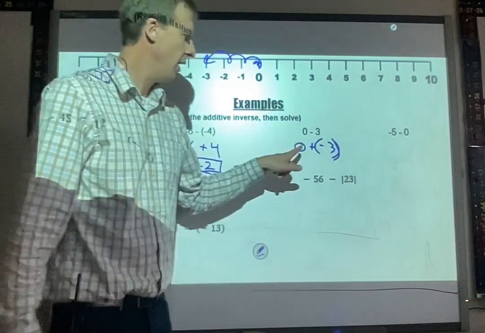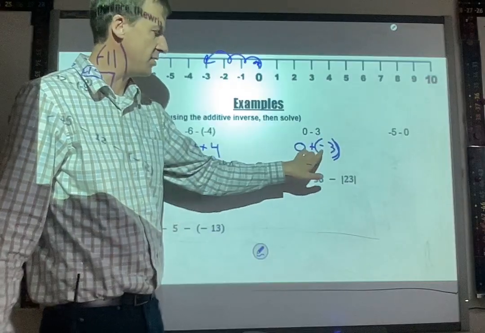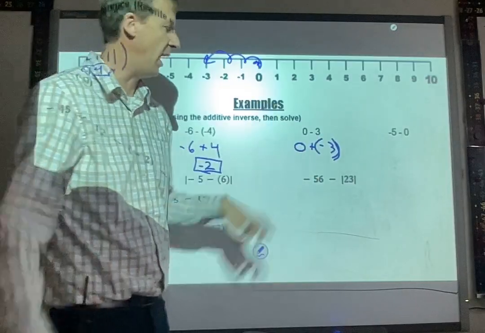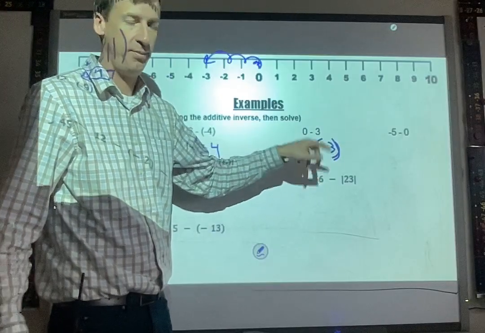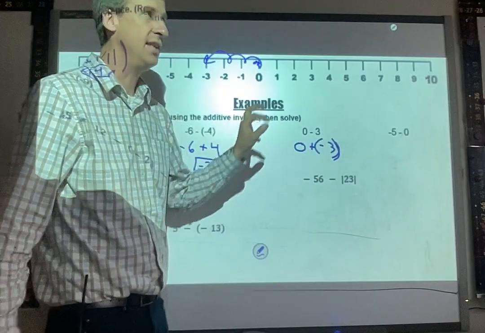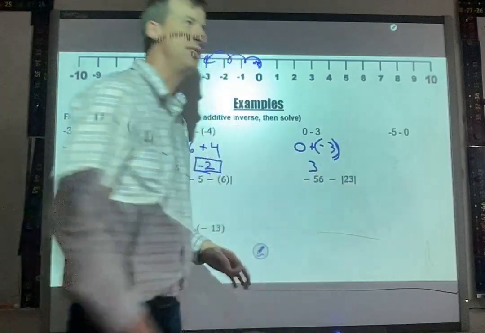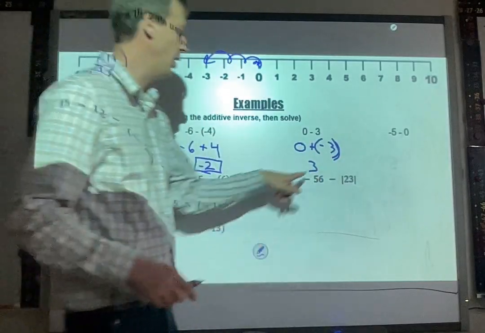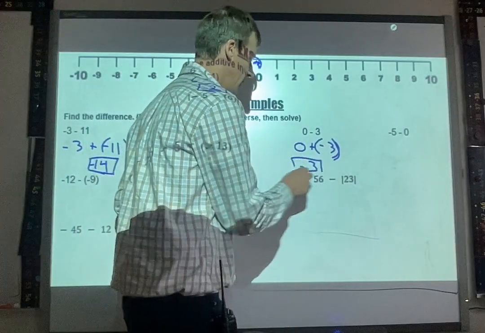And then we have opposite signs, because I don't have a minus over here, so we could think of this as positive. We have different signs, so we turn into subtraction. 3 minus 0 is 3, and then we say take the sign of the larger number. 3 is bigger than 0, the 3 is negative, so my answer is negative. So I get negative 3 here.